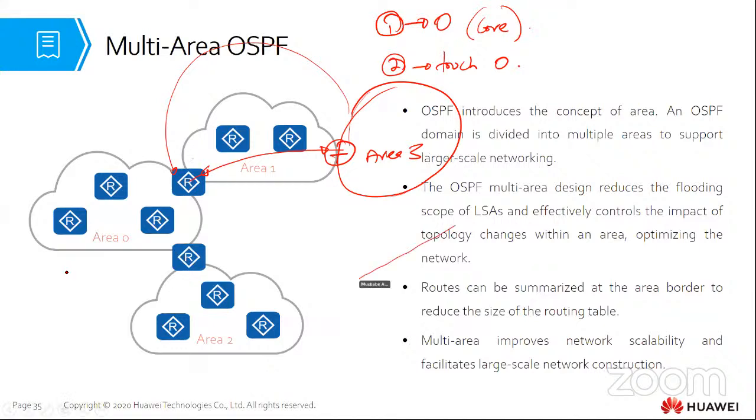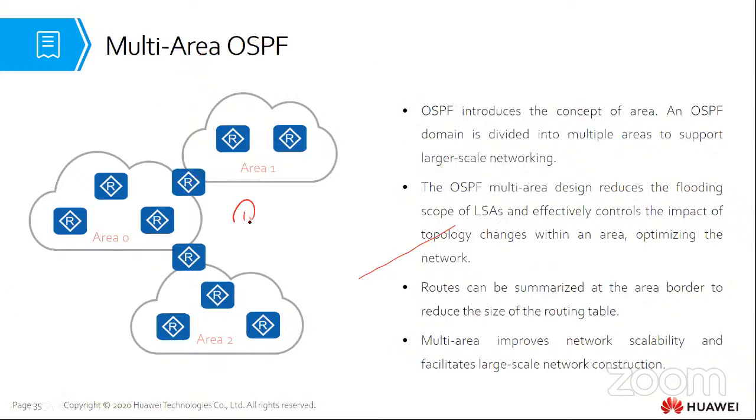Again, why that has to be like that is a bit outside scope for this class. But for now, you should know that the core reason is to prevent what we call inter-area loops. Keep that at the back of your mind. How, why, and the details are outside scope of this class.